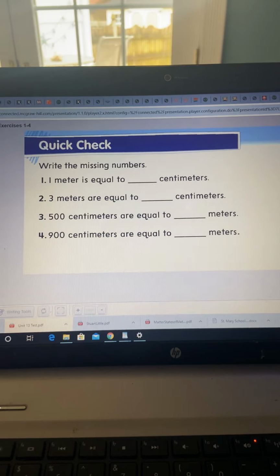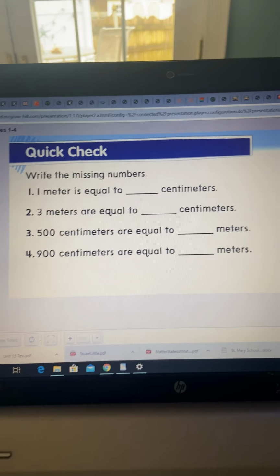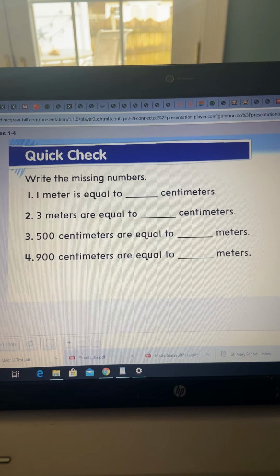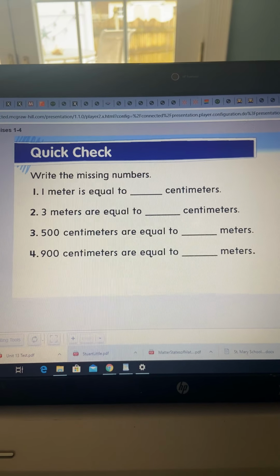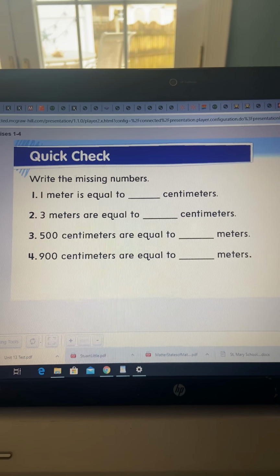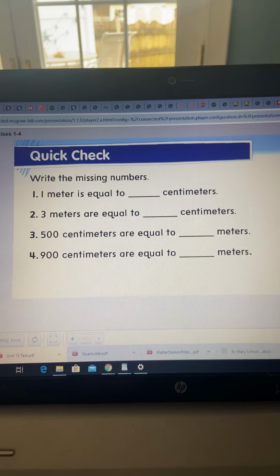So let's go back the other way. This time we're going to start with centimeters. 500 centimeters are equal to how many meters? 500 centimeters. How many meters? If you said 5, you're correct. And 900 centimeters are equal to how many meters?